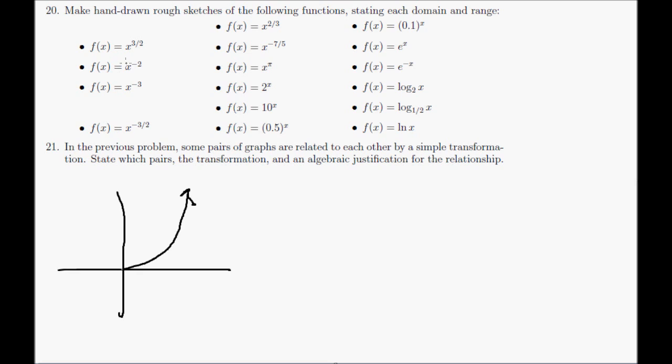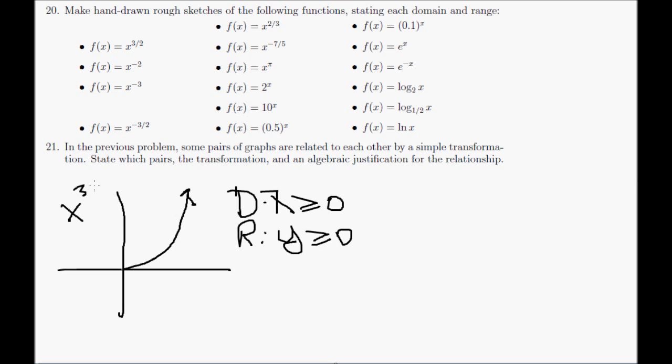So that would be the sketch of the graph of x to the 3/2, where the domain is x greater than or equal to 0, and the range will be y greater than or equal to 0. I could write the domain and range like this, or else using the set notation that I did in the previous example. So that is the graph of x to the 3/2. We cannot input a negative number because a negative number to the 1/2 does not return a real number, so that's not permissible.